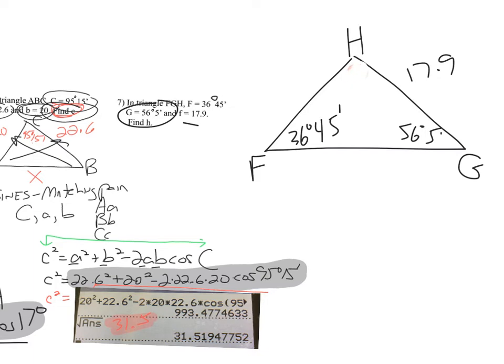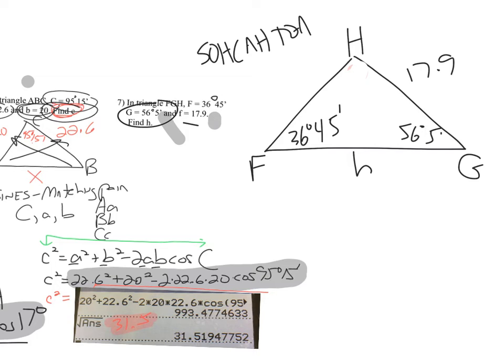As we go through our steps, we first look to use SOHCAHTOA. We look to see if there's a 90-degree angle, and it doesn't appear that there is one. The two angles they are giving us are 56 degrees 5 minutes and 36 degrees 45 minutes. But what you should always do is this.